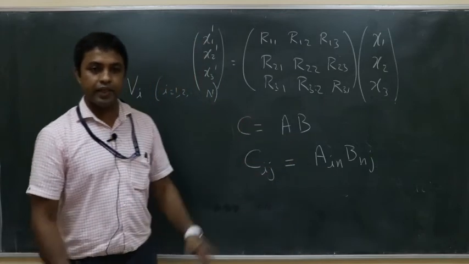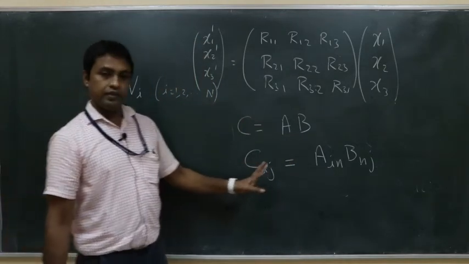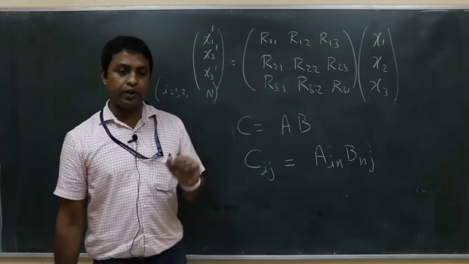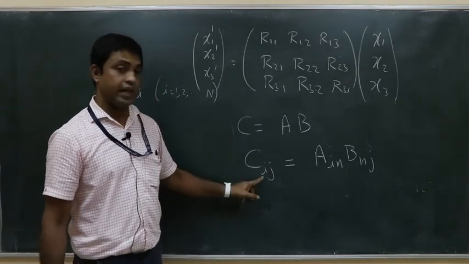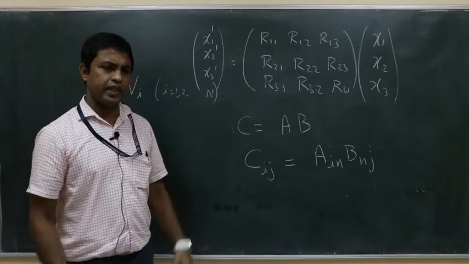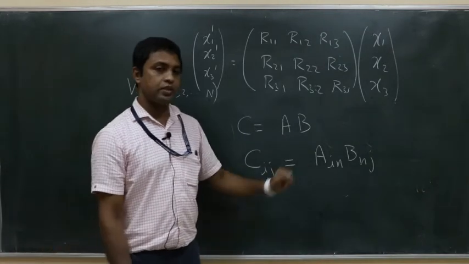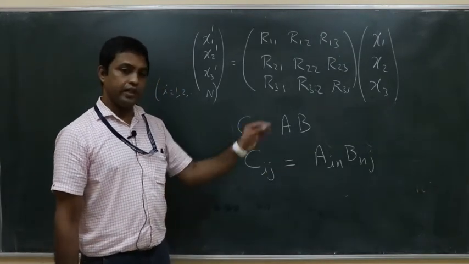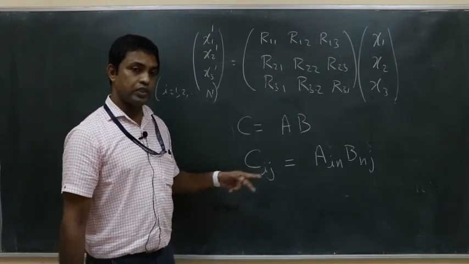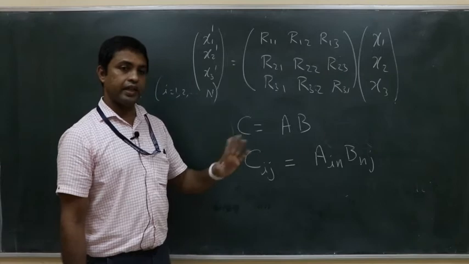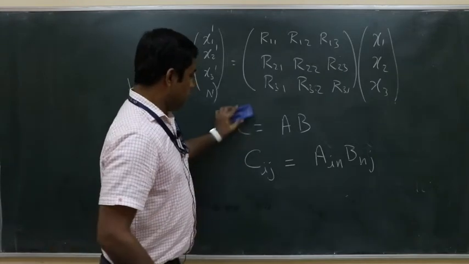That is the matrix multiplication components, right? Whoever did not understand that, just take a 3 by 3 matrix and multiply it. You know how to multiply each component and get the C matrix. Now you just substitute in this and see whether that is the same.